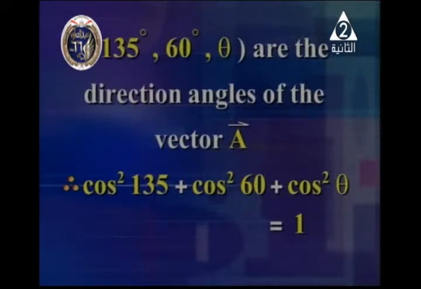Then we form the equation cosine squared 135 plus cosine squared 60 plus cosine squared theta equals 1. What is the value of cosine squared 135? It is 1 over root 2 squared, which is 1 over 2.